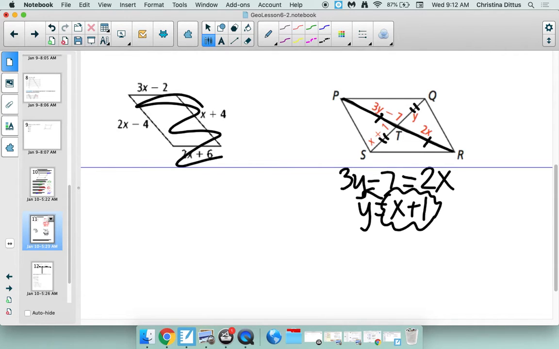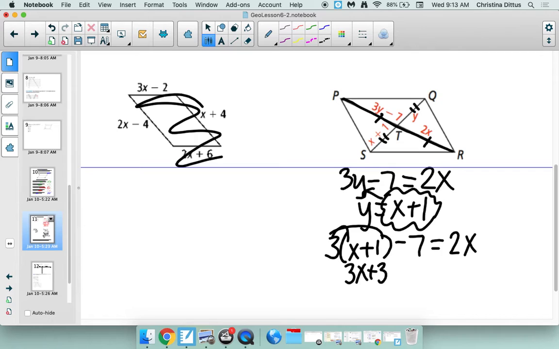So I have 3 times x plus 1, instead of y, minus 7 equal to that 2x. Okay, distribute. So I got 3x plus 3 minus 7 equals 2x.